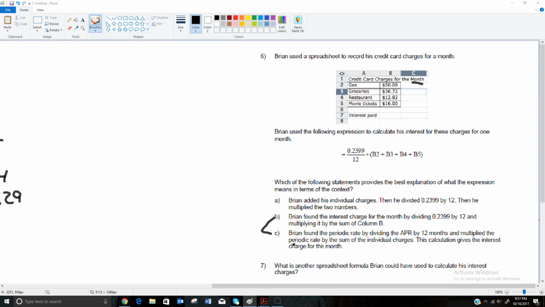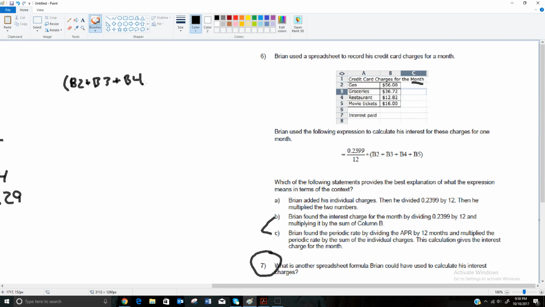So then it asks here, and this is where I was talking about earlier that I would do differently. I don't like this idea of dividing the interest rate by 12 and then multiplying. If I was going to calculate this, I would take the charges, B2 plus B3 plus B4.